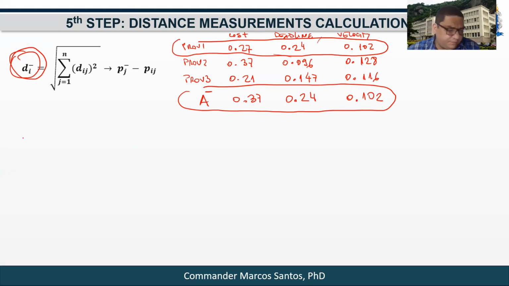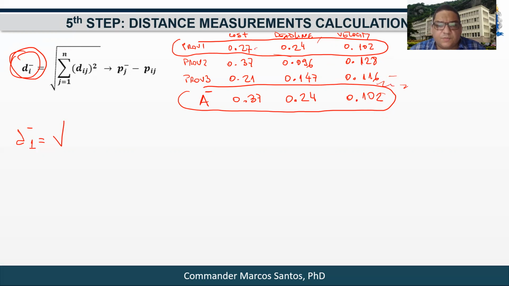So I have negative d1 is square root, let's follow the same train of thoughts. Where is my pen?